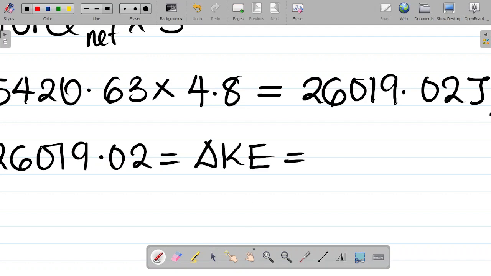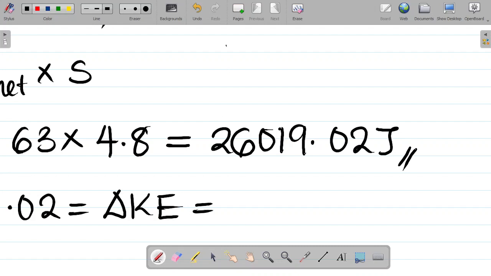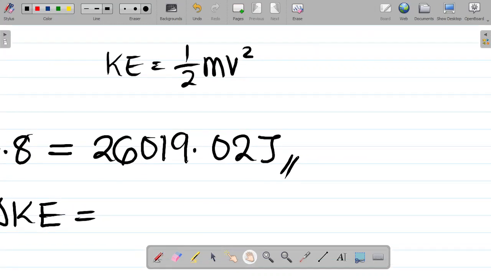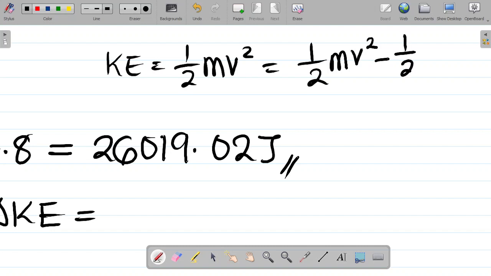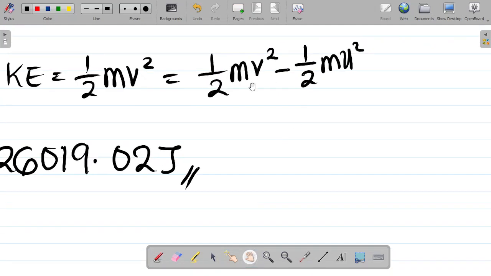But recall that kinetic energy is equal to half times mass times velocity squared. Now we know that if we say change in kinetic energy, it becomes half into mass, which does not change, but the velocity can change. So it becomes half mass times final velocity v squared minus half mass times initial velocity u squared. This is how we get the change in kinetic energy.